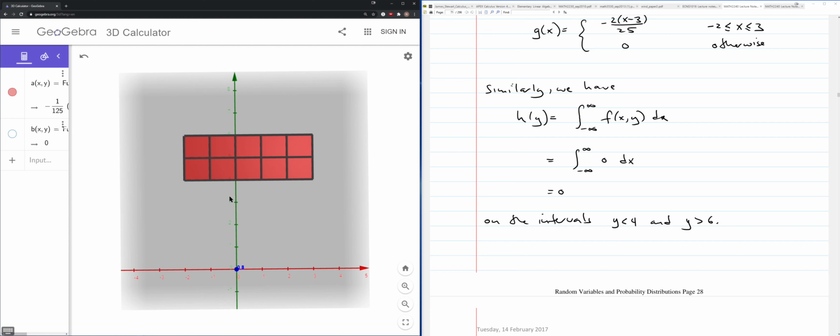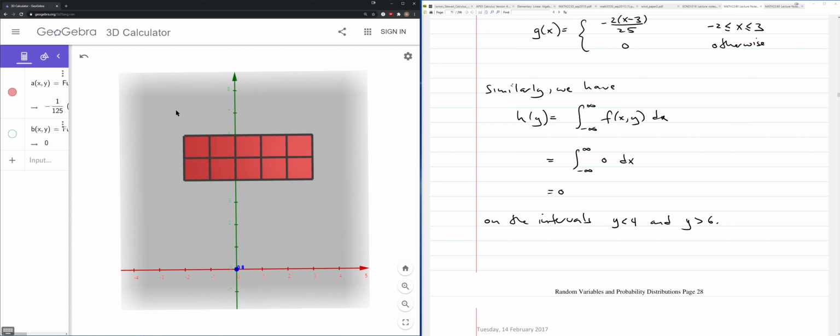So that means for values of y less than 4, if I try to work out this marginal, all I'll be doing is integrating 0, and I will just get 0. Similarly, when y is bigger than 6, when I attempt to work out my marginal, this joint PDF is going to be 0 over here.